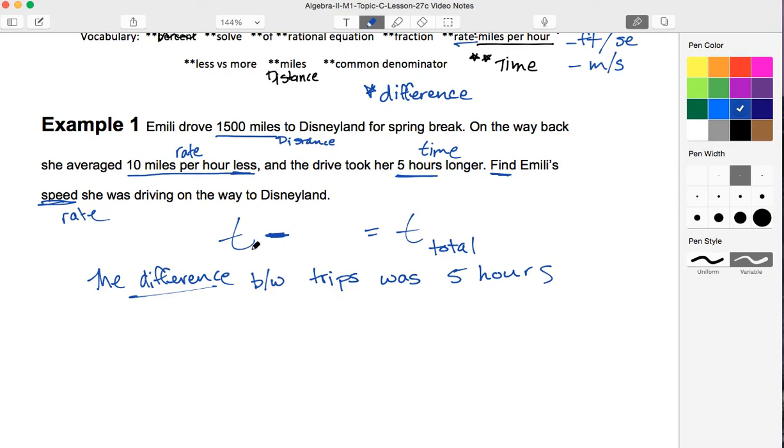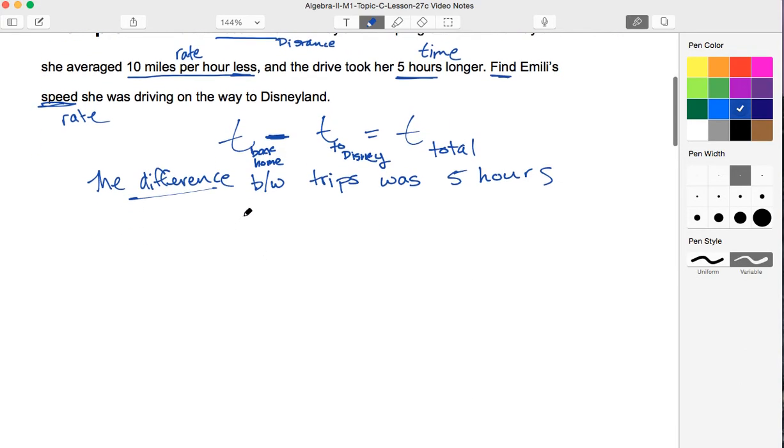The difference coming back to Disneyland: the time it took to come back home, this is a subscript, so I'm labeling what this T is, minus the time it took to get to Disney is going to be the total of 5 hours. So the time it took to get back home minus the time it took to get to Disney is going to equal 5.